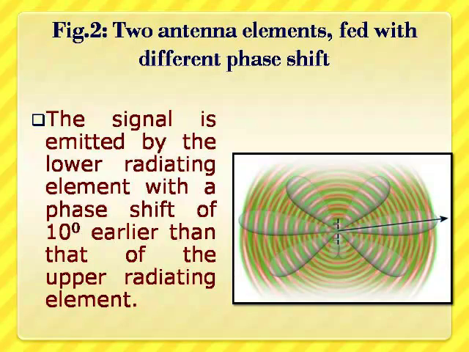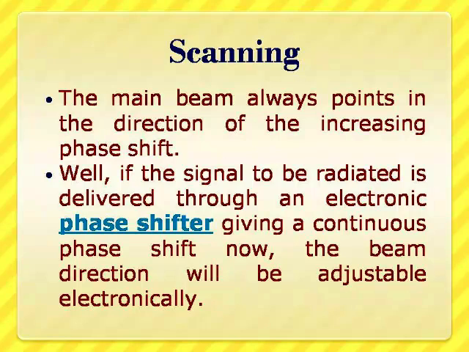But if we provide a phase shift between the two elements, then as you can see, with 10-degree shift itself, the beam is going to be pointed upwards slightly like this. So, the main beam always points in the direction of the increasing phase shift.